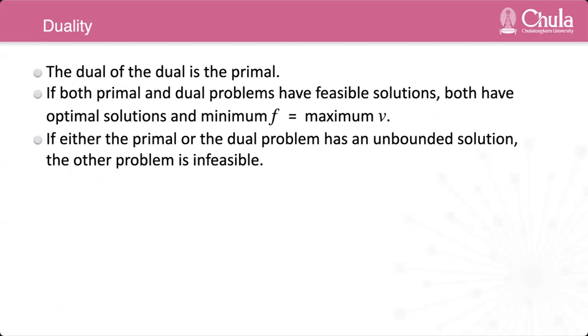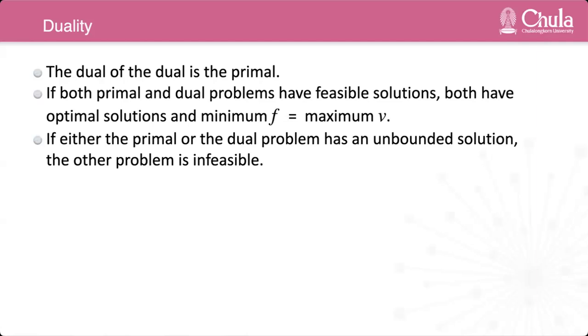As I mentioned to you, duality is a one-to-one conversion. So the dual of the dual is the primal, okay? You got it? Dual of dual is primal. You find a dual 2 times, you obtain the original one.